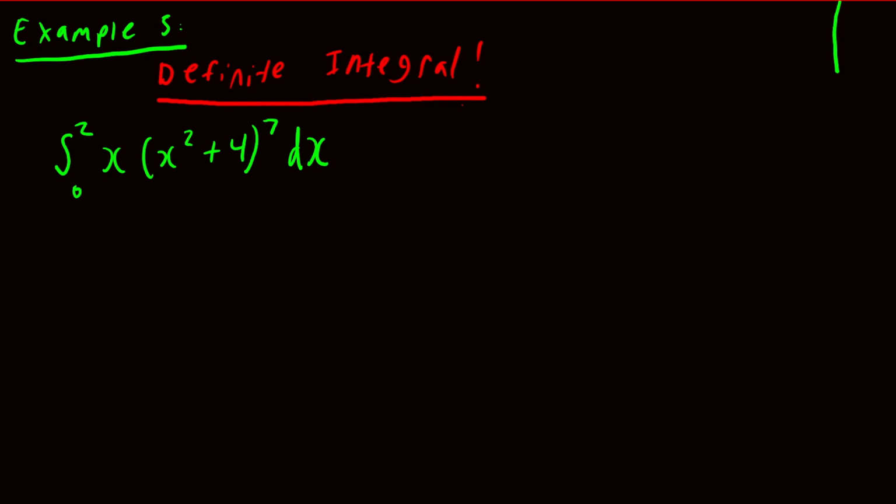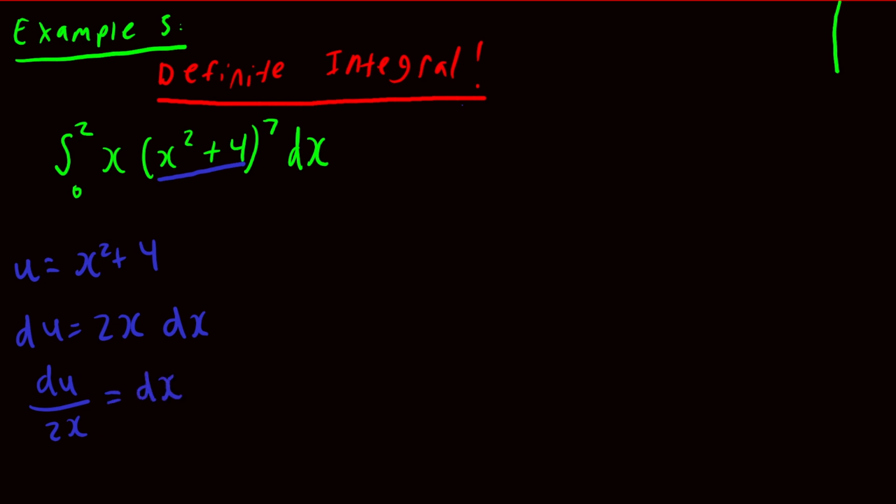It's the same steps, but we have to be a little bit more careful. What's the most inside function? Well, the most inside function is x squared plus 4. So u equals x squared plus 4. du equals 2x dx. So that means dx is du over 2x. Boom. Okay.